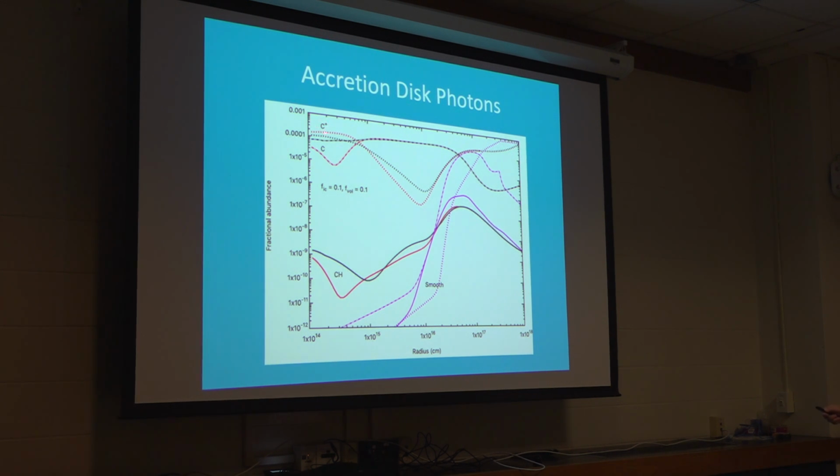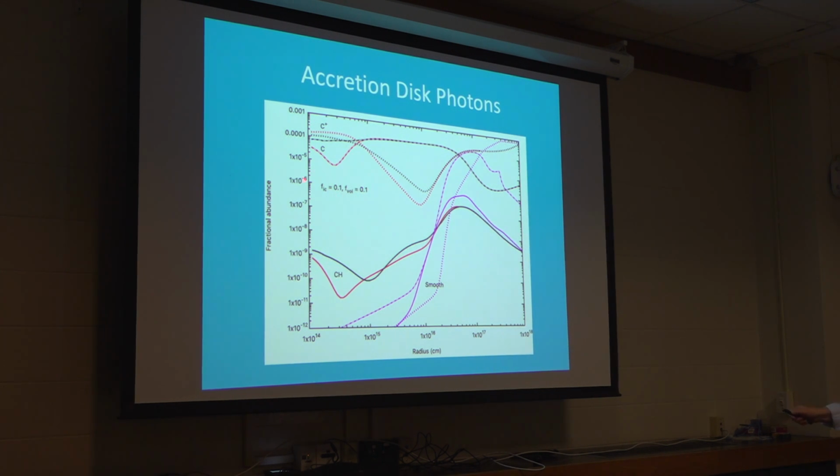So I've picked here, so the color codes are just two different temperature distributions for the envelope. So dotted is C+, dashed is atomic carbon, and because I've been told there have been observations now of CH in IRC+10216, I've also just put in a CH distribution.